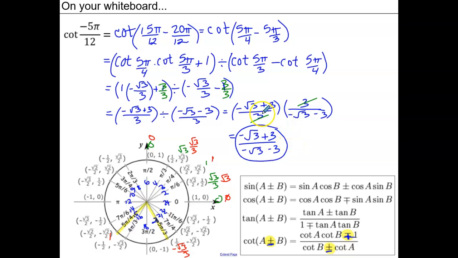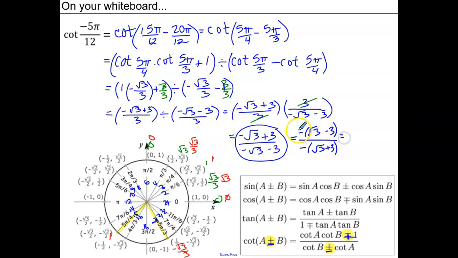If you are doing a multiple choice problem, for example, and your answers don't look quite the same, since these are both negative, we could factor those negatives out from the front of those binomials and have a root 3 minus 3 and a root 3 plus 3.